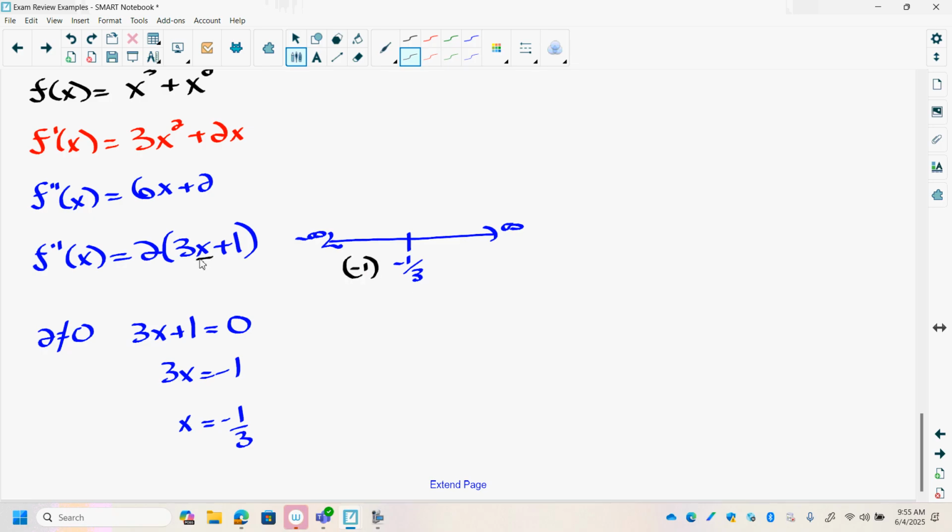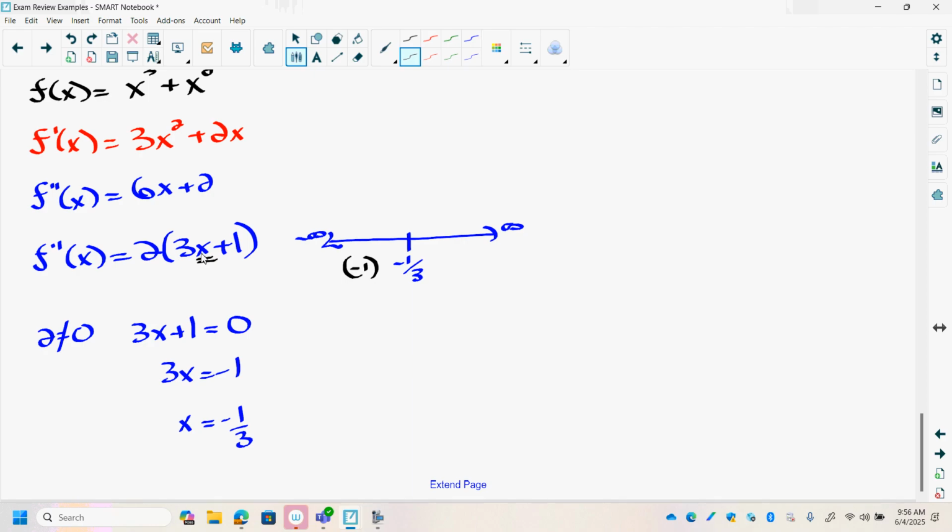I'm plugging it in here. I want to see if the second derivative is positive or negative. If the second derivative is positive, what does that say about my curve? It's concave up. That's right. The curve would be above all the tangent lines, or all my tangent lines would be below the curve. If it's concave down, okay, that means my curve is under the tangent lines.